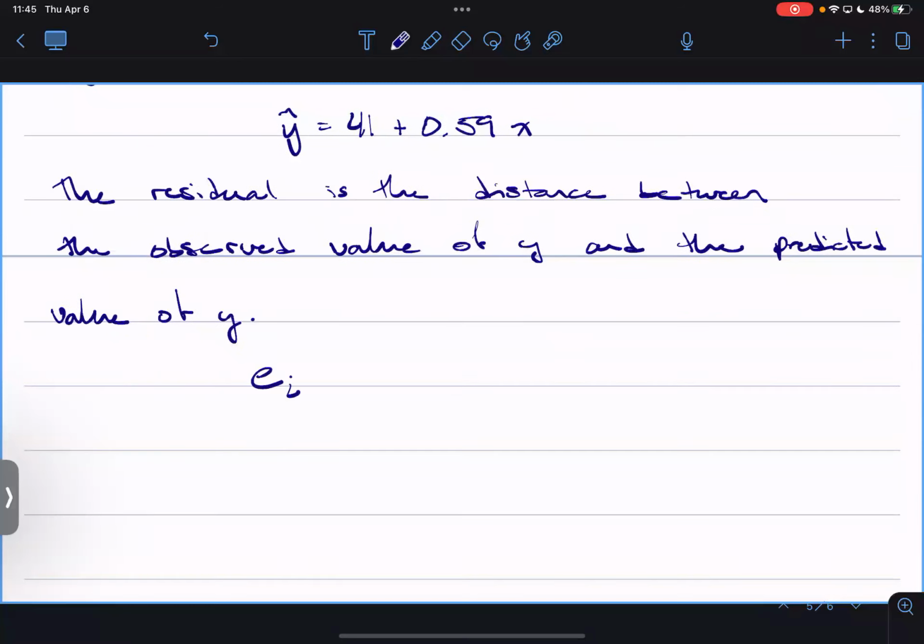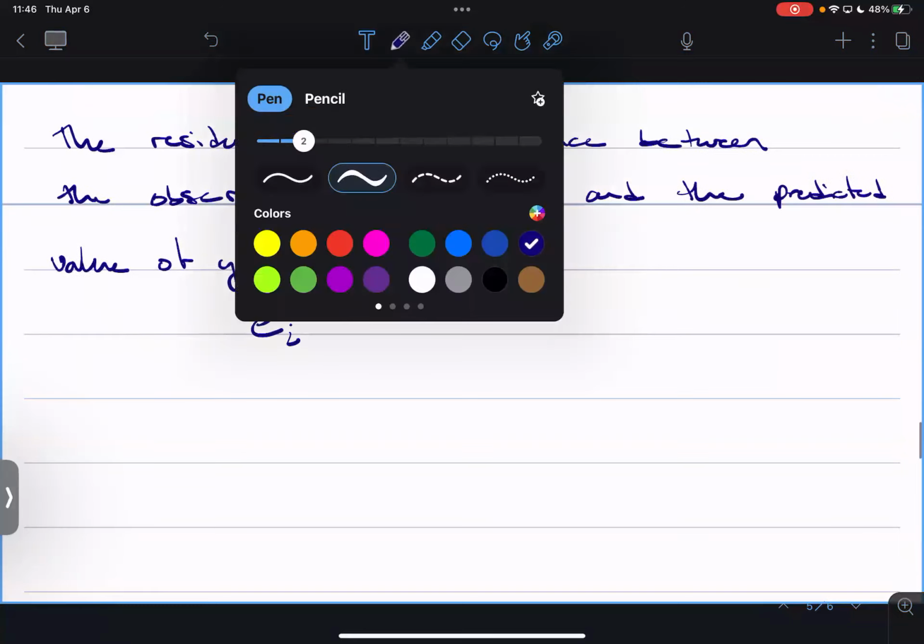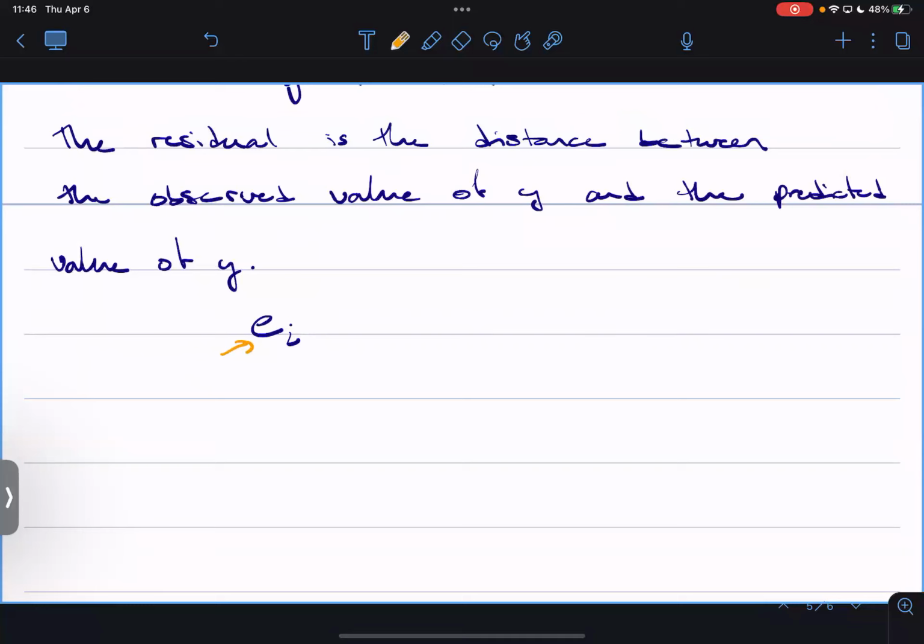So we use E for the error because R was already taken with correlation. I suspect that's what happened. But E is the residual, but also the error. It's the error of that line. So here, E is for residual or error, emphasizing the E.